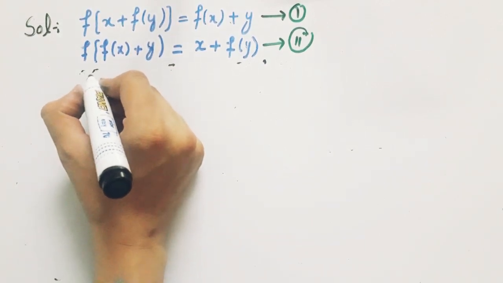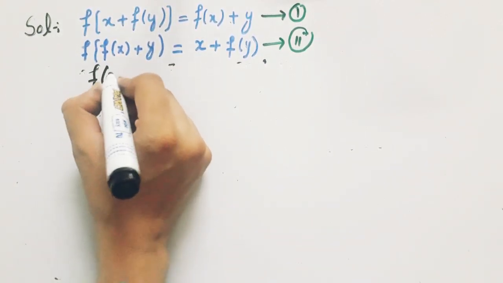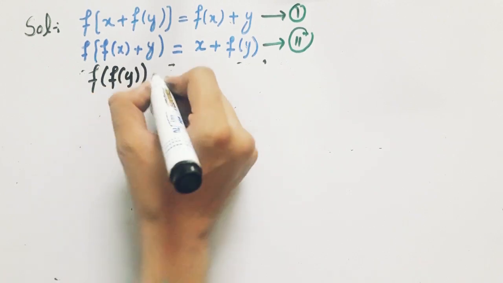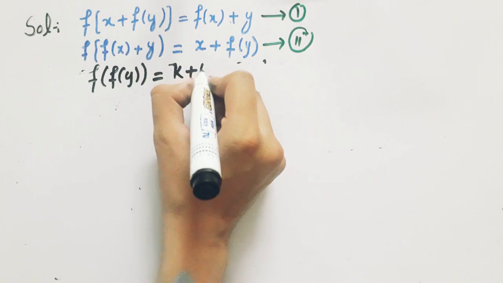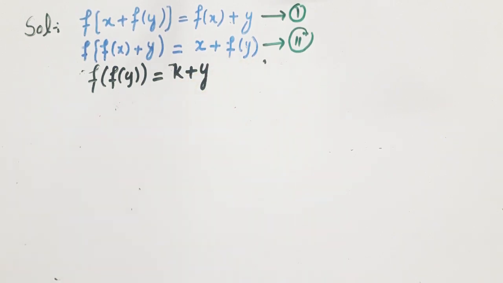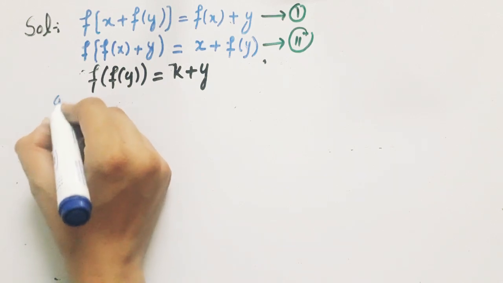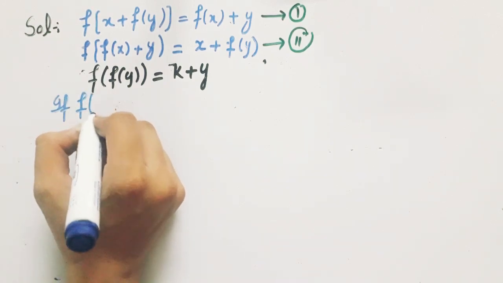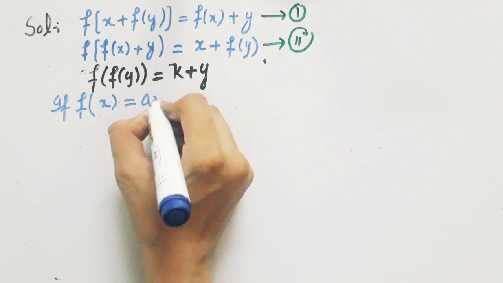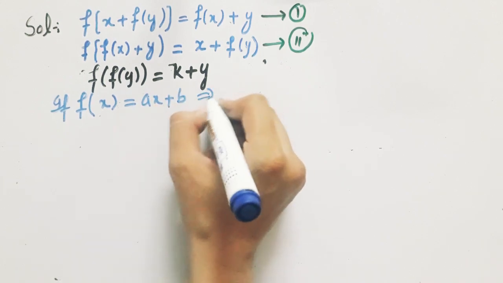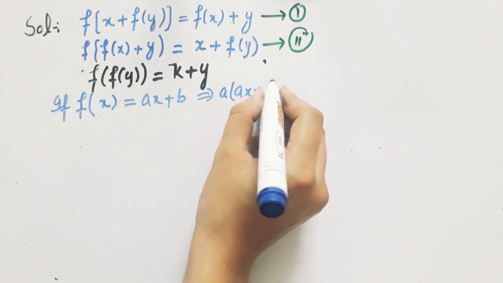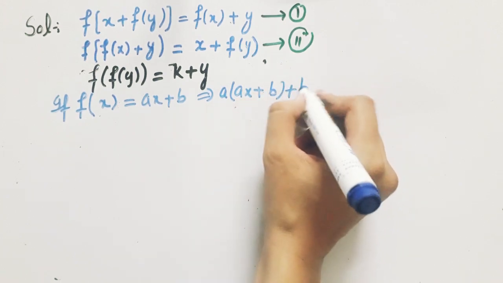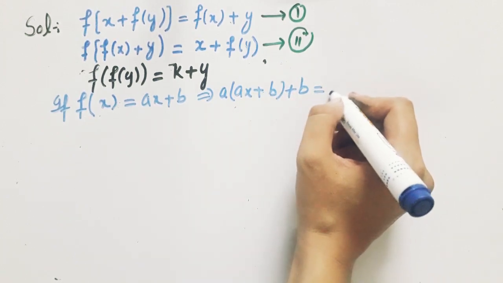Consider another case, that f of f of y is equal to k plus y. Then the function will become as follows. If we consider that f of x is equal to a x plus b, by applying this you will get a into a x plus b is equal to k plus x.